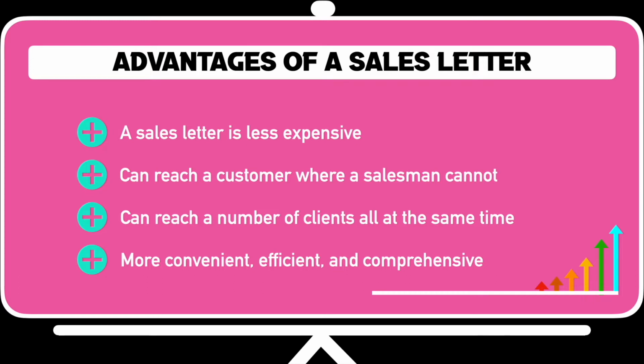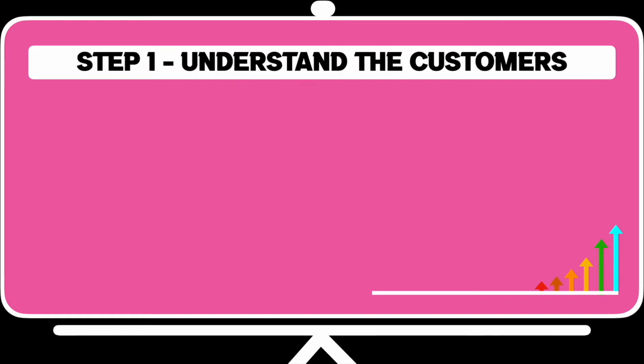So now that we have looked at the objectives and advantages of a sales letter, I would like to talk about the 3 steps one has to follow when you sit to compose your sales letter. Now, step number 1 is to understand and profile the customers. The product or service that you have is not meant for everybody.